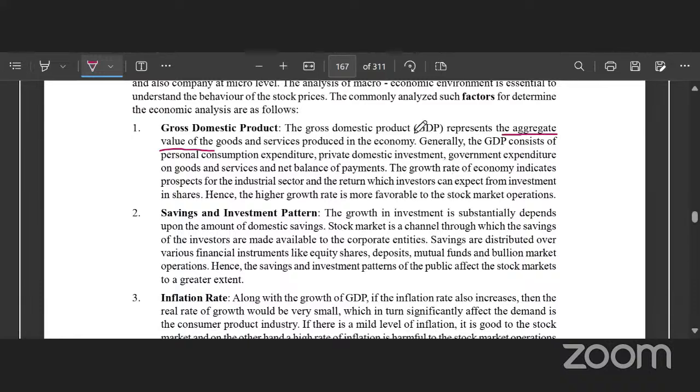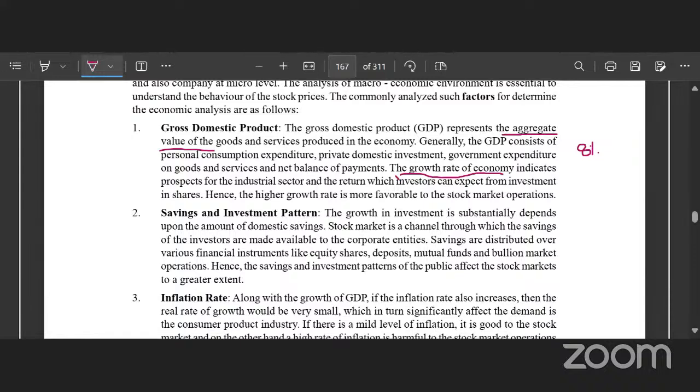And one factor is GDP, the other is the growth rate of the economy, right? So in a recent report, our growth rate was around 8 percent, and the analysts expected it could be around 6.5, 6.6. So we achieved a better growth rate than the expectations. When this happens, obviously the economy is in a good condition.